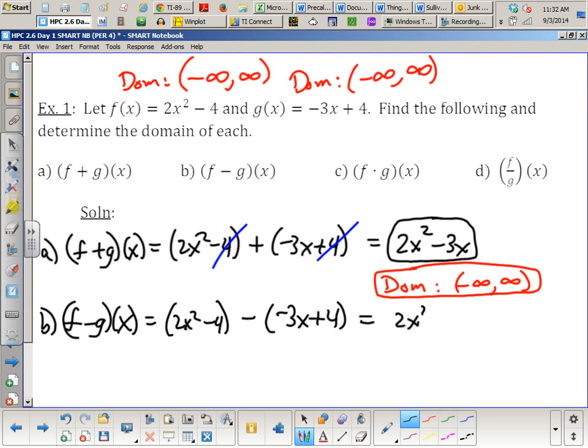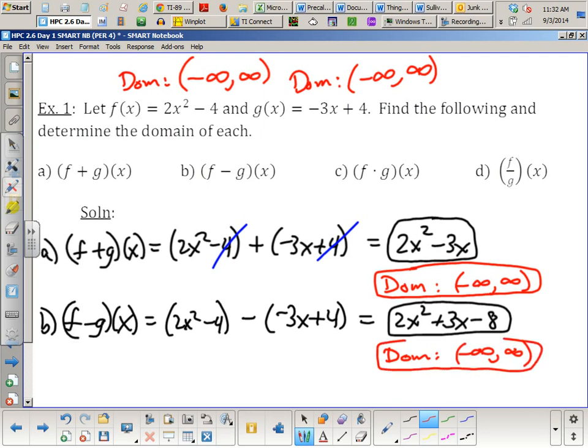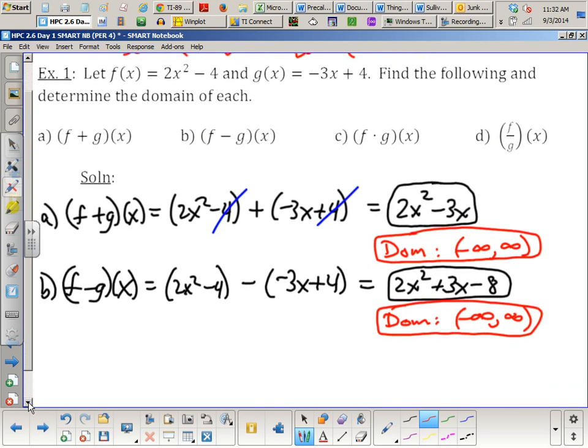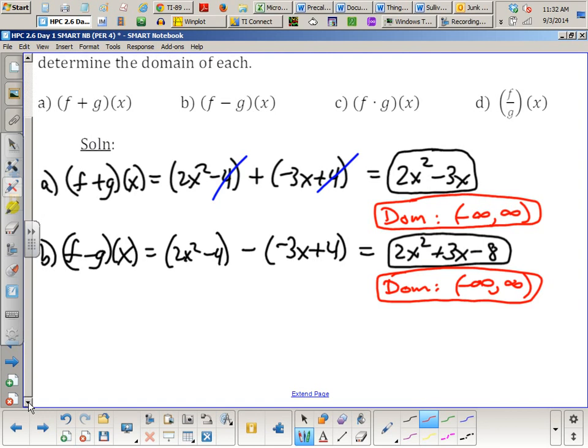So we get 2x squared plus 3x minus 8. Again, that's just a parabola, a little more complicated. Domain is all real numbers. So things don't usually get very interesting with the first part of these. Like A and B are usually not very interesting.